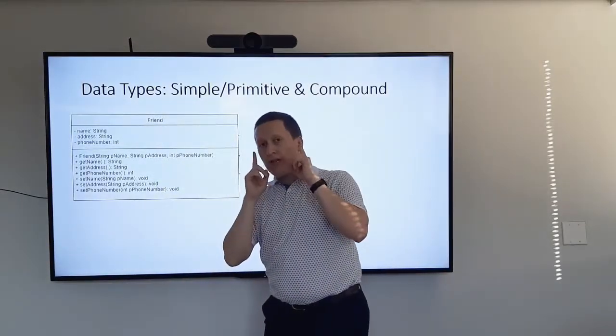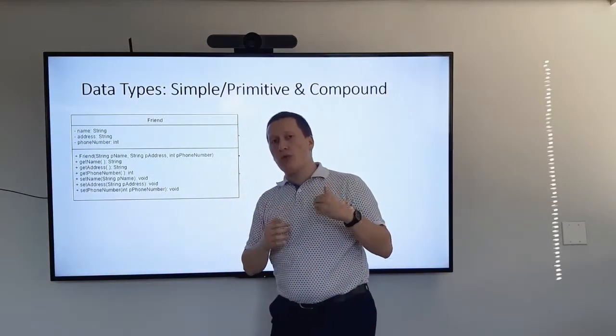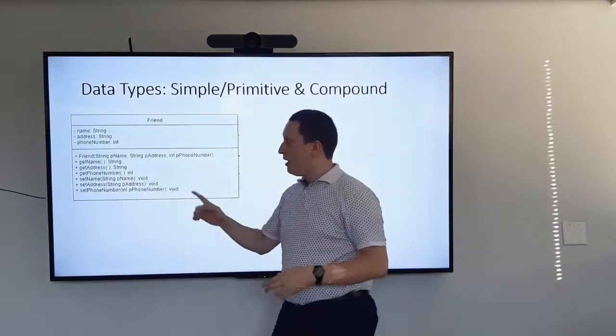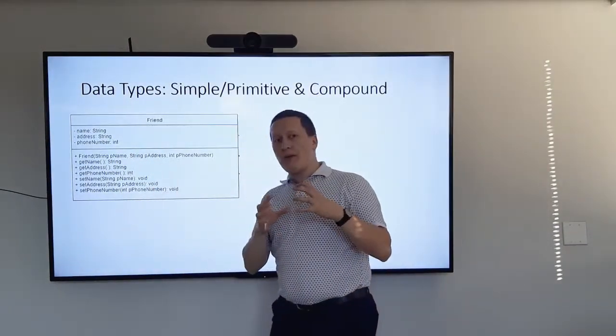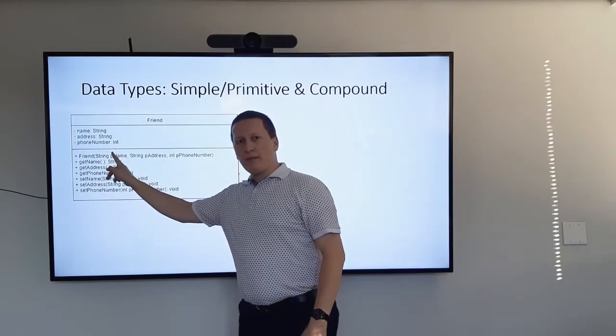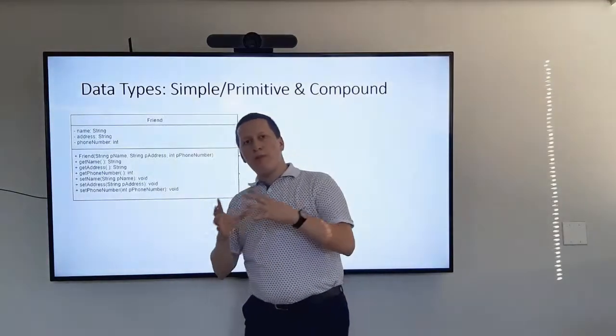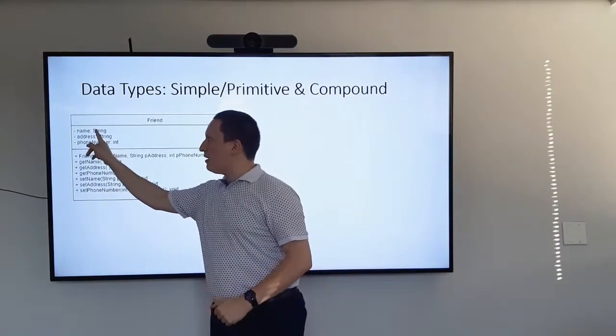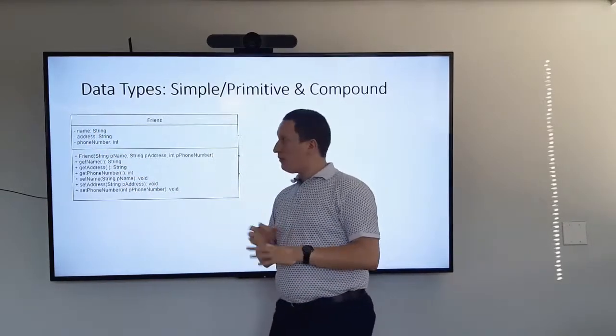This is the first thing I need you to observe when using Java and other high-level programming languages. We refer to primitive data types using lowercase, and compound data types generally begin with a capital letter.